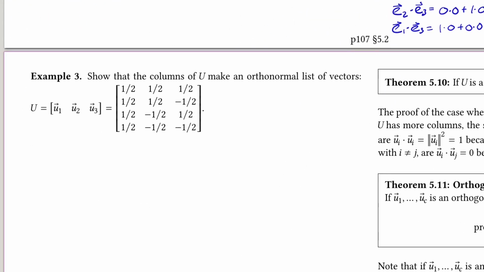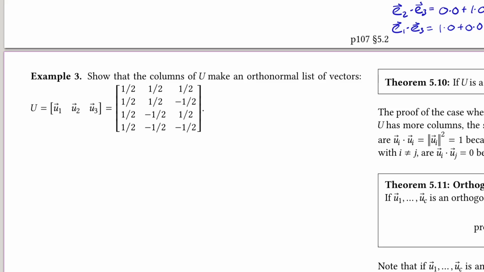Okay, let's do an example here where we have this 4 by 3 matrix. We have 3 different columns that are all R4 vectors, and we want to show that this is an orthonormal list of vectors.